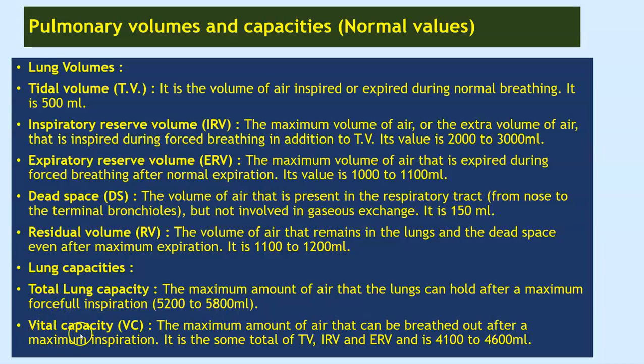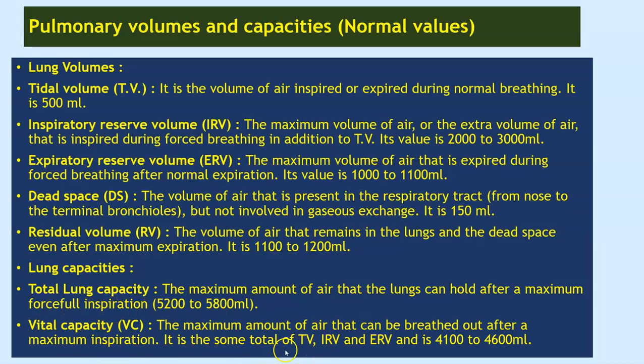Then we have something called vital capacity, VC, the maximum amount of air that can be breathed out after maximum inspiration. So how much you can maximally breathe out after maximum inspiration is called the vital capacity.